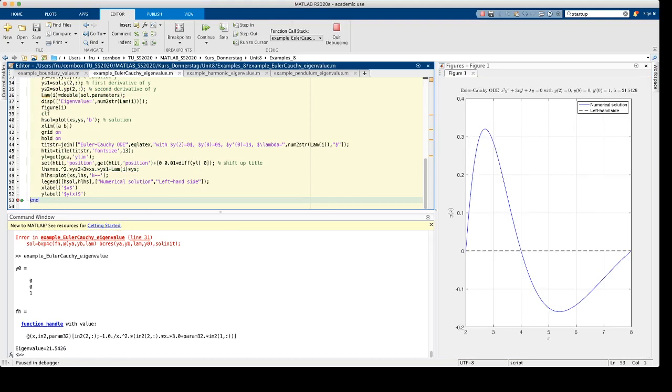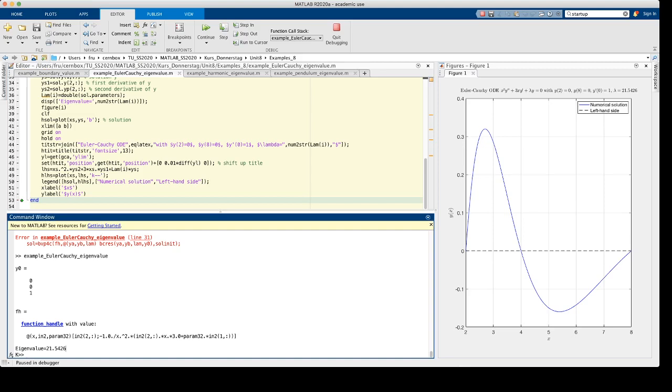It does converge, but not to 129, not to the nearest eigenvalue, but to 21.5, which we also have found before, starting from a guess of 20. So there is no guarantee that an eigenvalue is found, or even that if an eigenvalue is found, it's the closest one to the guess.